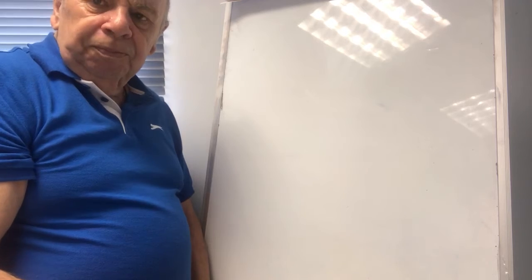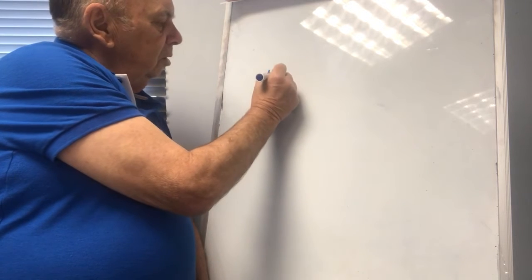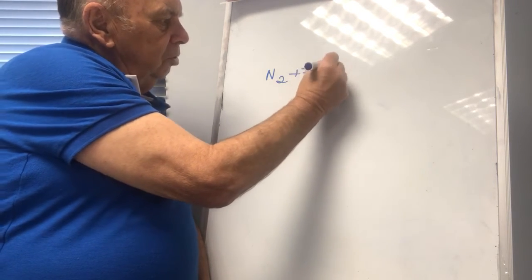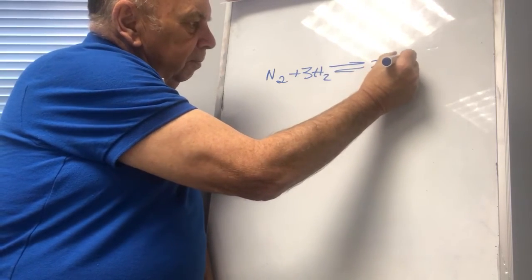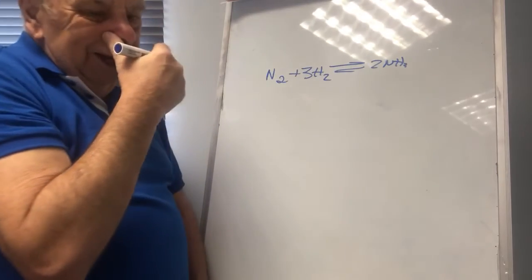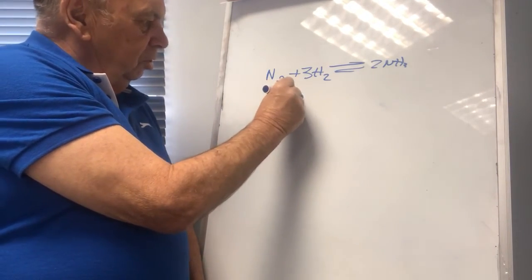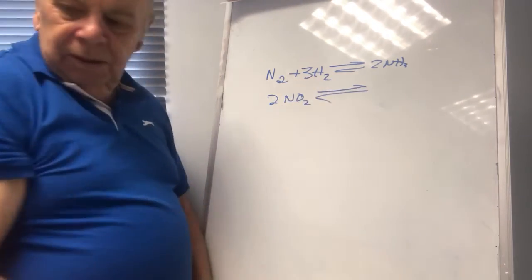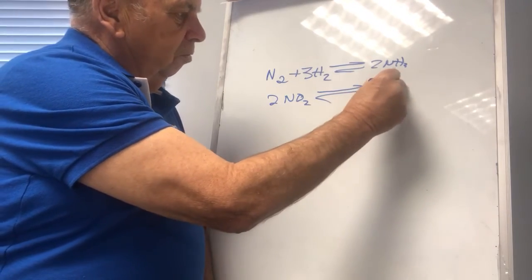For example, let's look at two gas reactions: nitrogen reacting with hydrogen to produce ammonia. And another example is if I took nitrogen dioxide, it forms N2O4.